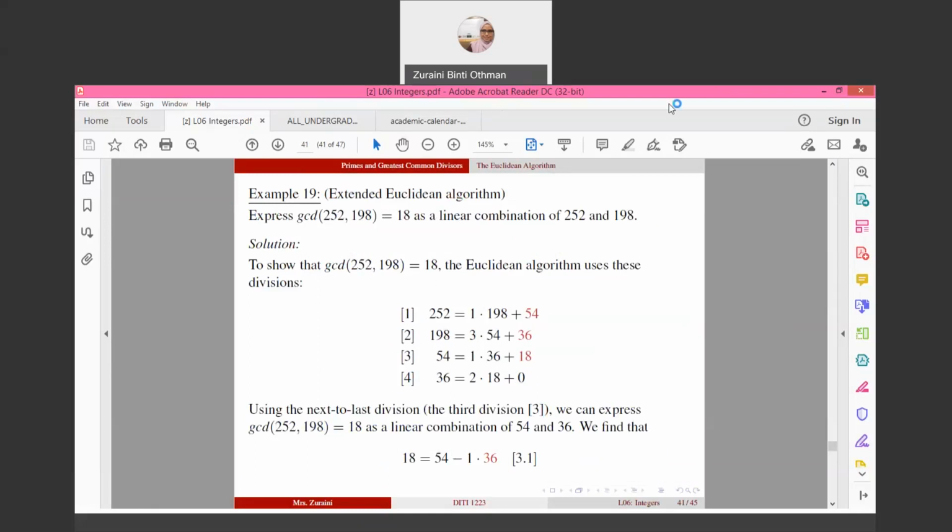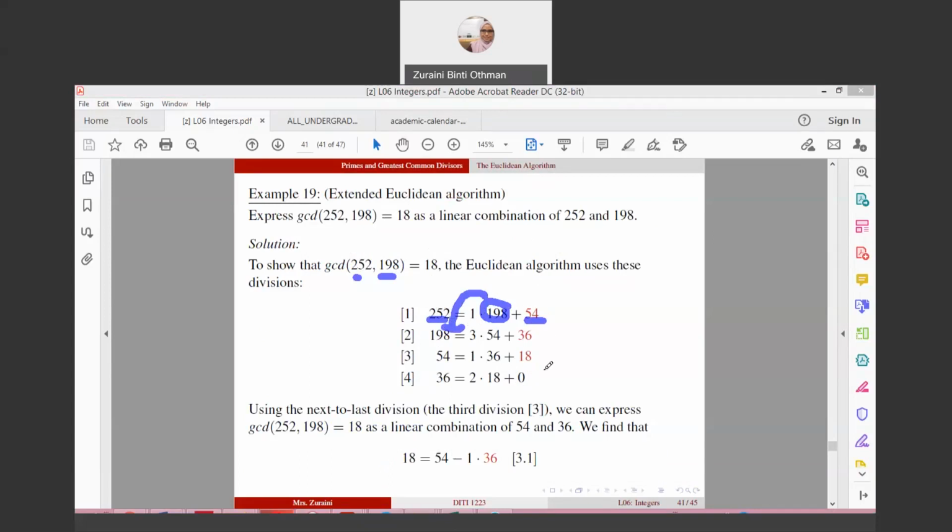Okay, so sekarang kita ada 252 dengan 198. So sekarang kita letak yang paling besar dekat luar. So yang 198 ni kali berapa dapat 252? So dikali 1 campur dengan 54 kita dapat 252. So seterusnya buat proses ni until we get the 0 as a remainder.